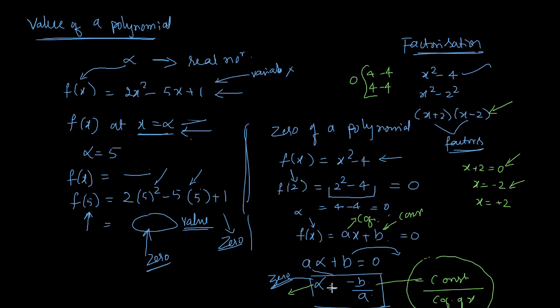Before we look into the relationship between these particular coefficients and the zeros, let's look at some of the basic things that you need to know in terms of graphs. If I draw a graph, a geometrical representation of a polynomial, how is it going to look?